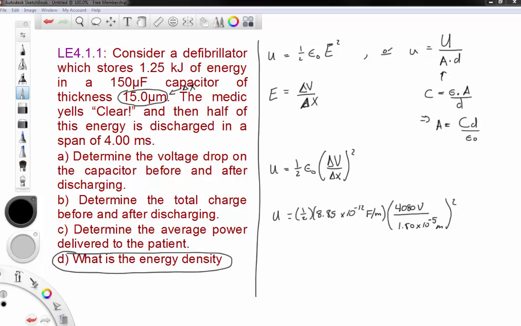That would be the same as dividing by 10 to the minus 10. And so what we end up getting here is 327,379 joules per cubic meter. So little u is 327 kilojoules per cubic meter. That's how much energy is being stored initially by those capacitors, and we could also figure out how much is stored finally given the final voltage, but I'm not going to do that here.